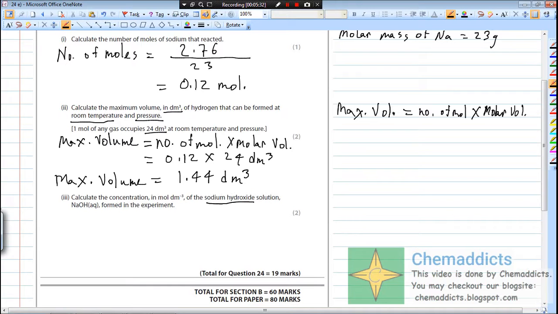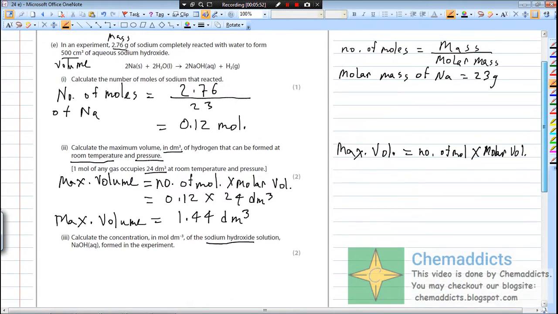For that we need to find how much sodium has reacted. In here this amount of sodium has reacted. We have found it earlier.